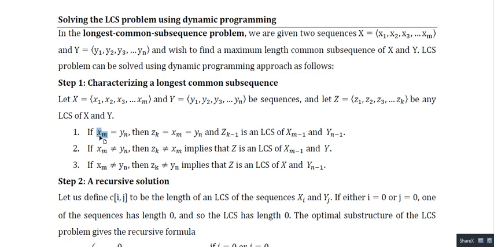So xm means the last character, so we are starting from the last actually, so we are just comparing this element with this. So if both are the same, then the last character of our output, that is Z, the LCS of X and Y, the last character zk will be equal to xm equal to yn.